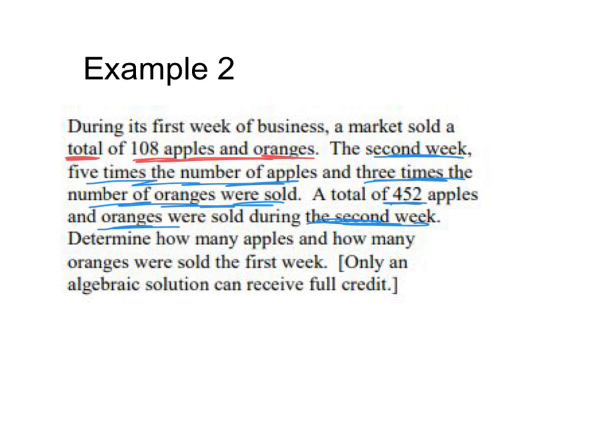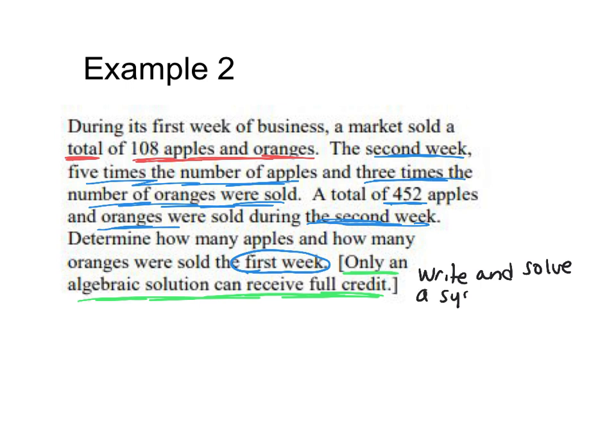Now notice it says how many apples and how many oranges were sold the first week. And it gives you this: only an algebraic solution can get full credit, which means you have to write and solve a system. They never come out and say that, but these words give us that information. So a market sold a total of 108 apples and oranges.